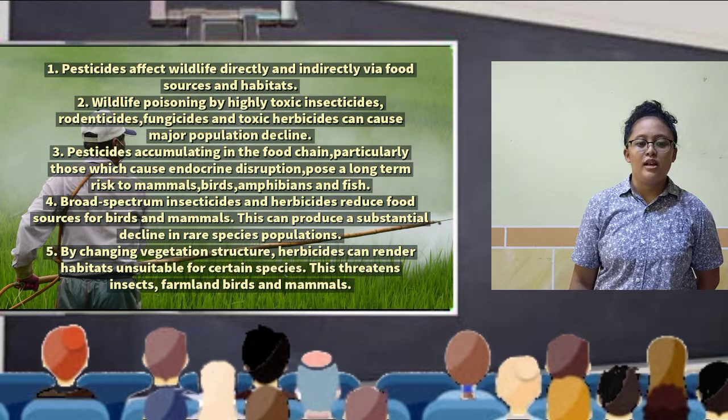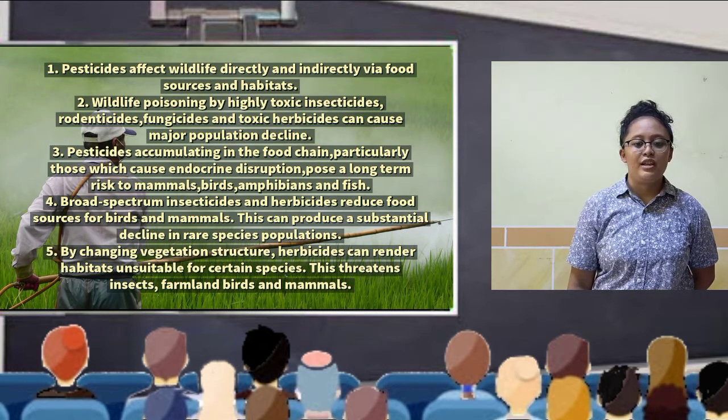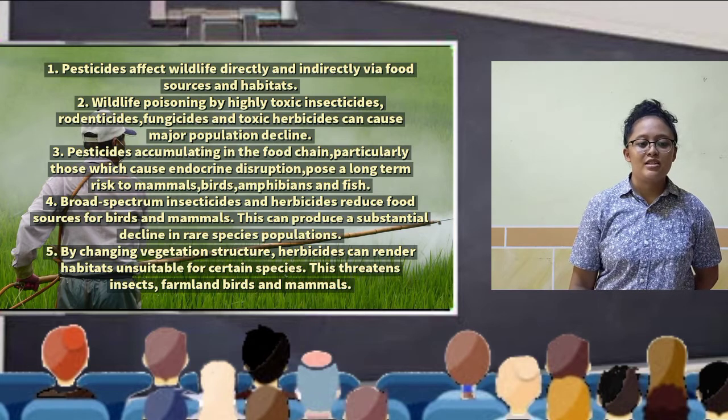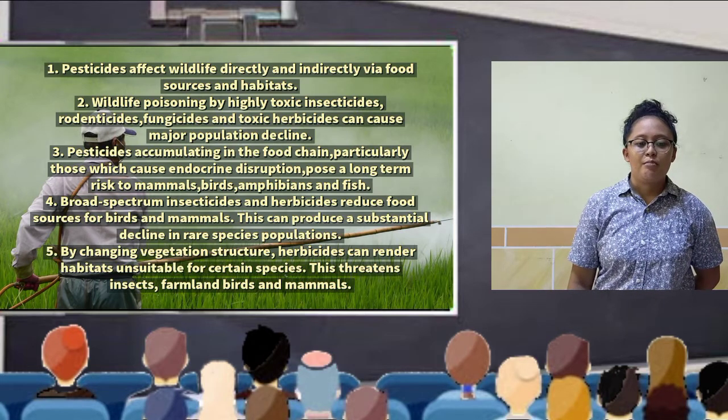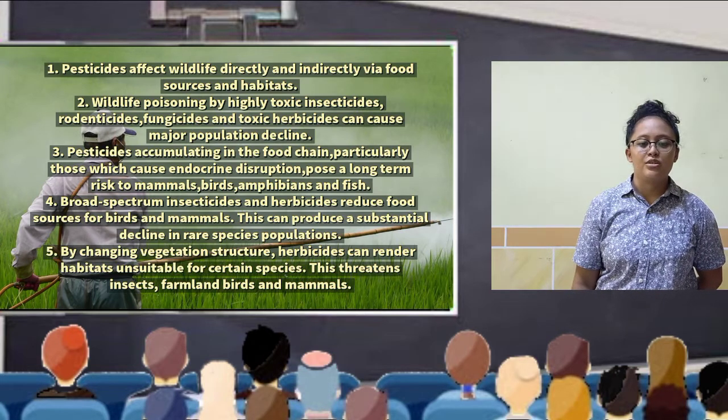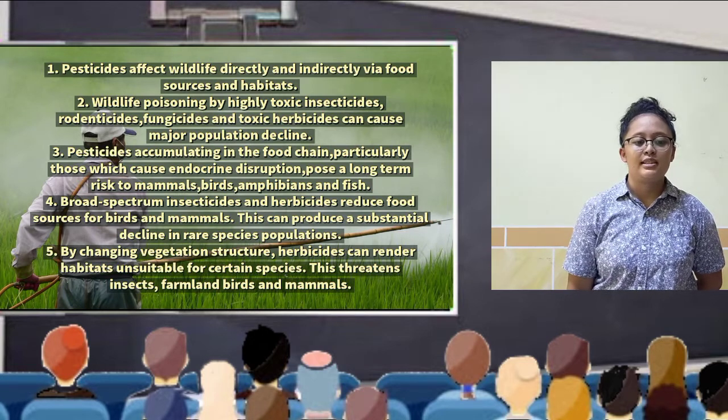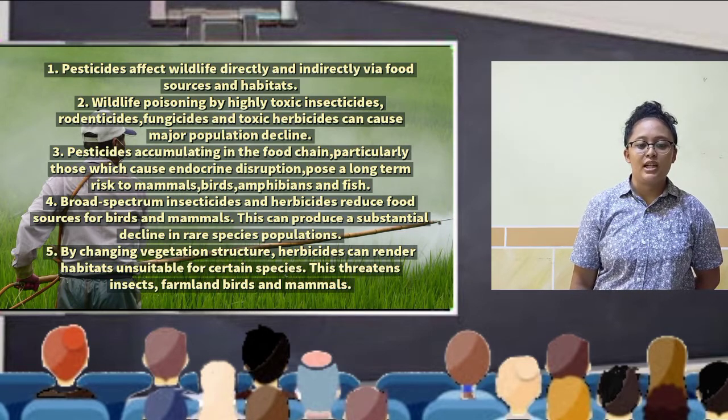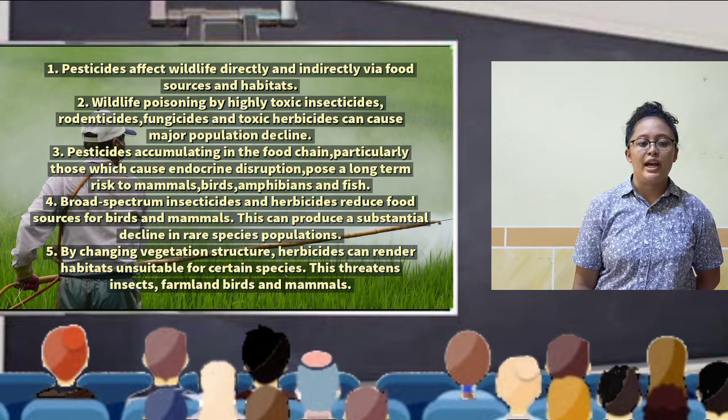Pesticides affect wildlife directly and indirectly via food sources and habitats. Second is wildlife poisoning by highly toxic insecticides, rodenticides, fungicides, and toxic herbicides, which can cause major population decline.